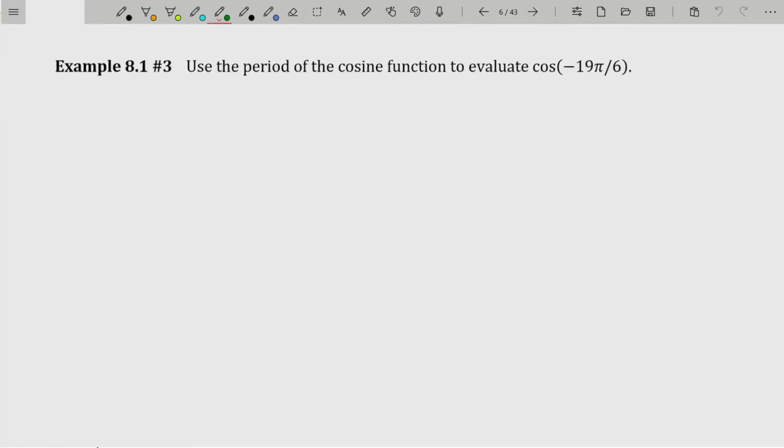Now, since we just discussed the period of a function, it is kind of useful to use the period of the function to help evaluate a trig function. So we're going to take a moment to do a computational aside.